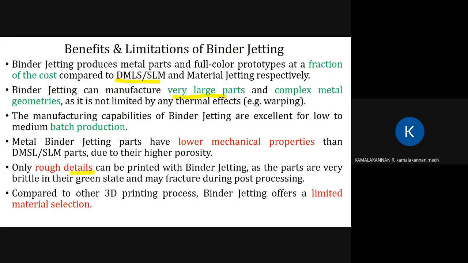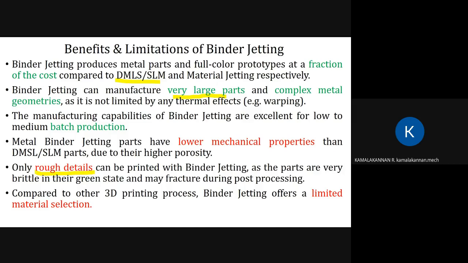It will be in a rough state, so you have to finish it to a higher state to achieve good finishing. And also it is not possible to get the same accuracy and tolerance in all materials. It depends upon the size, shape and geometry.